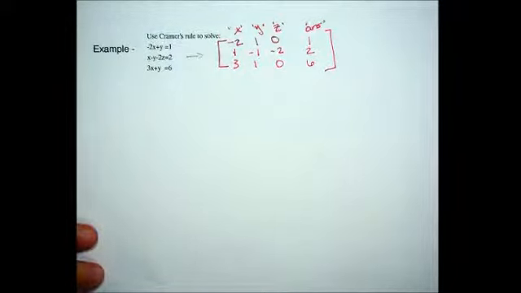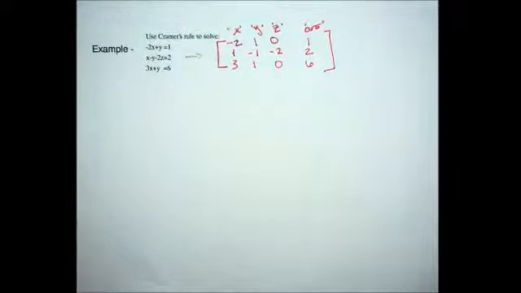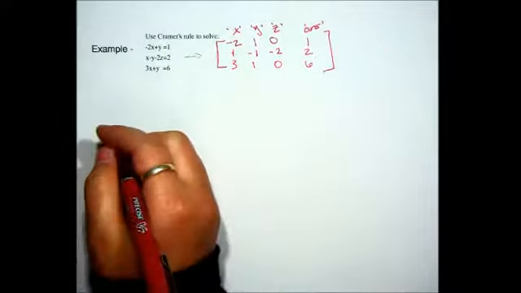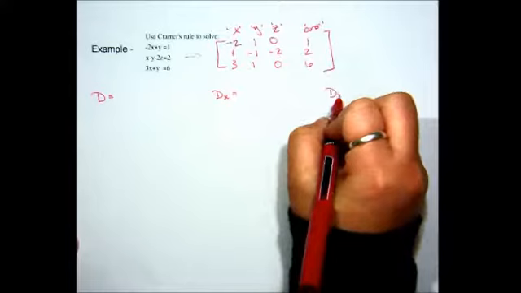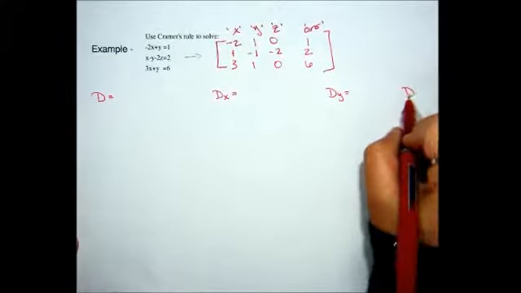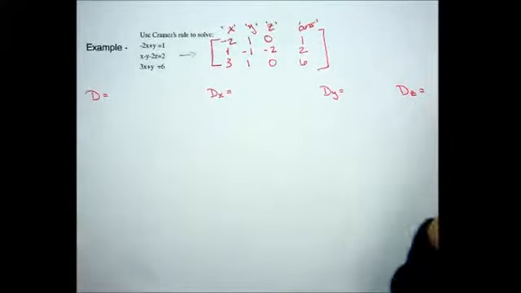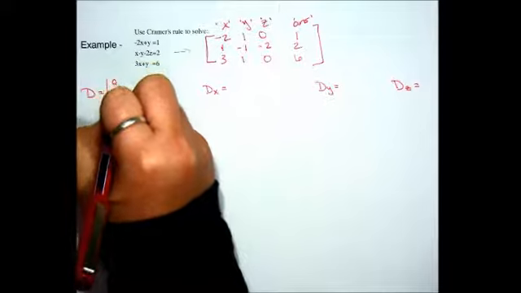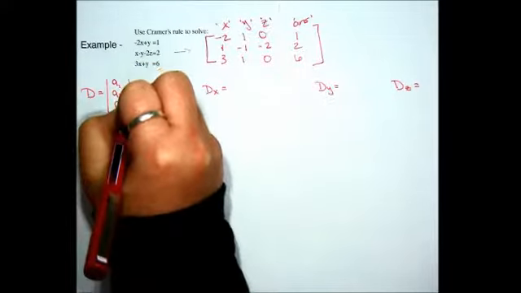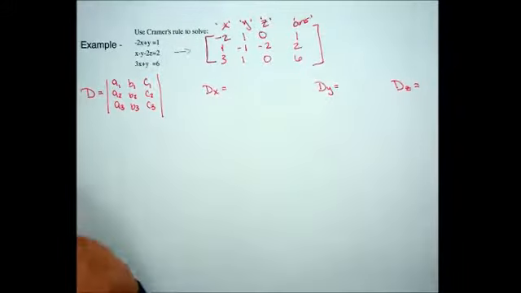If I want to use Cramer's rule to solve this, I need to figure out D, Dx, Dy, and Dz. Capital D is the determinant of A1, A2, A3, B1, B2, B3, C1, C2, C3.